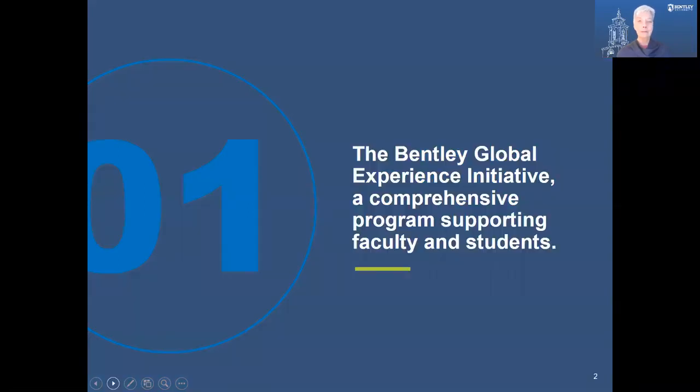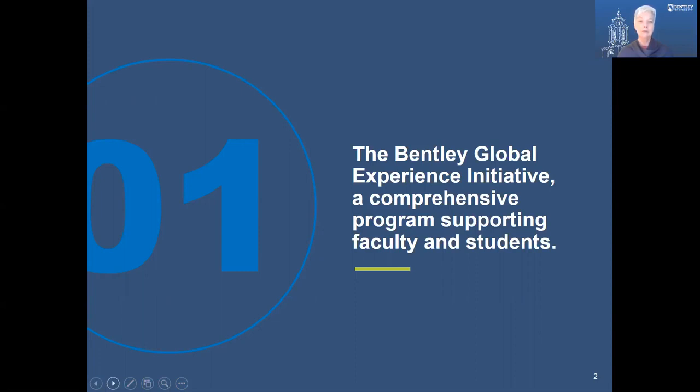So this paper presents in a storyline, but essentially it offers a comprehensive program for supporting faculty and students in running global experiences. We all are familiar with the kinds of experiences, whether it's faculty-led programs or study abroad or other sort of global internships.